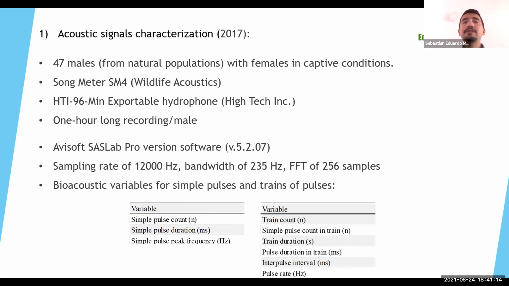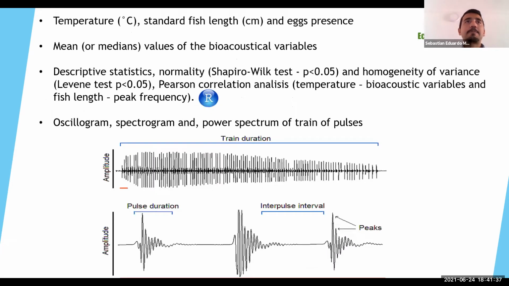The bioacoustic variables we measured depend on the kind of acoustic signal. So we have simple pulse, and we have here 3 variables, and in the next table we have variables that we measured for train of pulses. Temperature and also standard length and the expression were recorded.